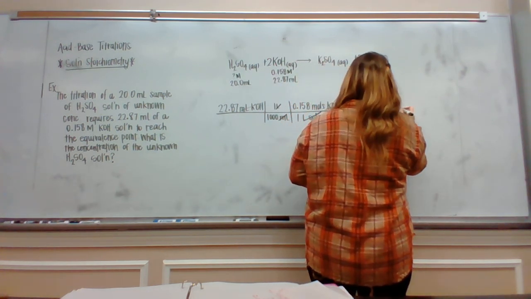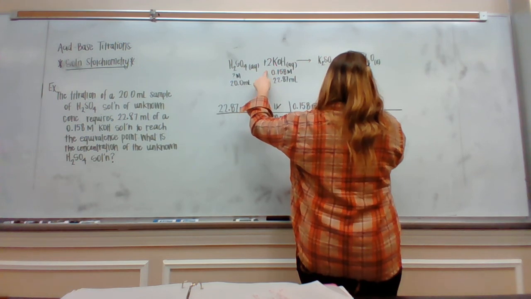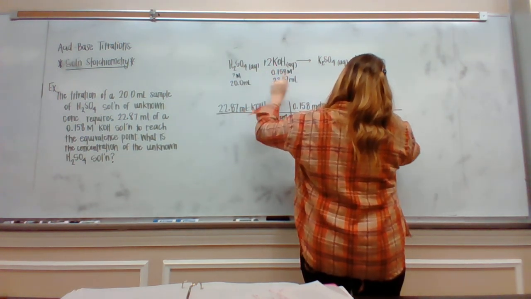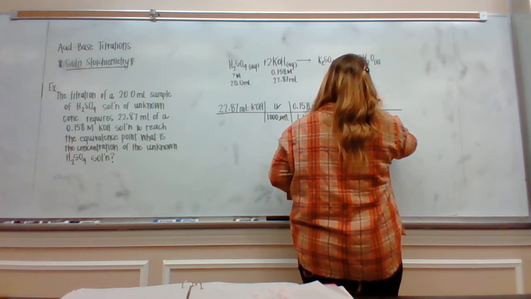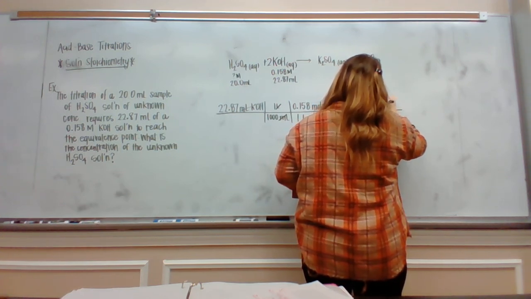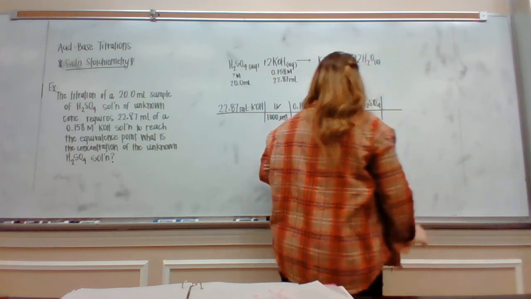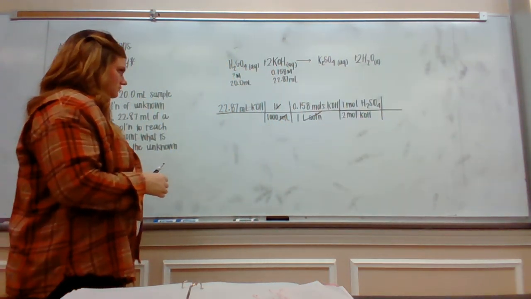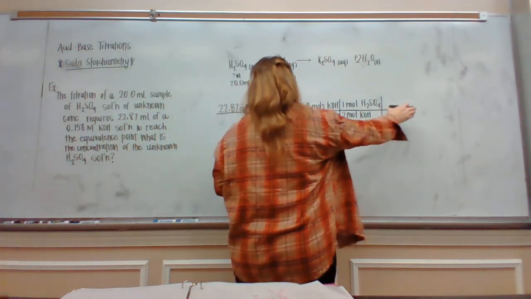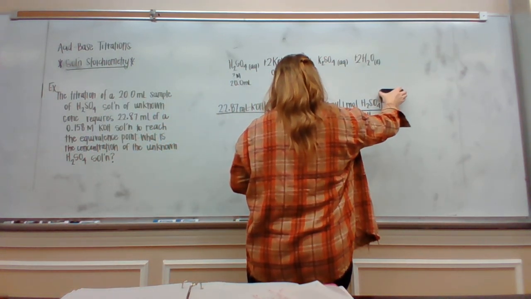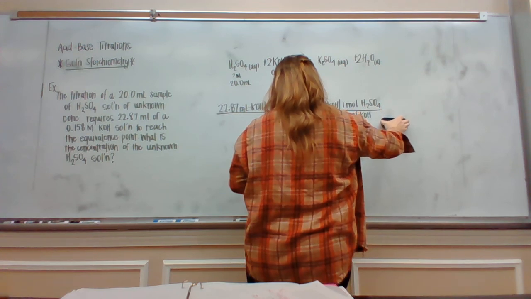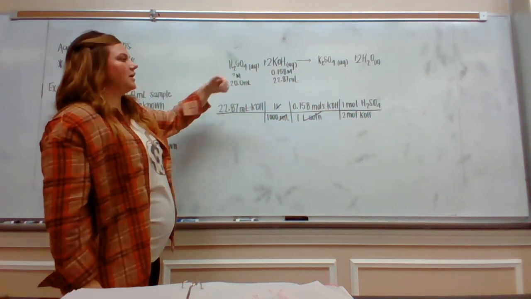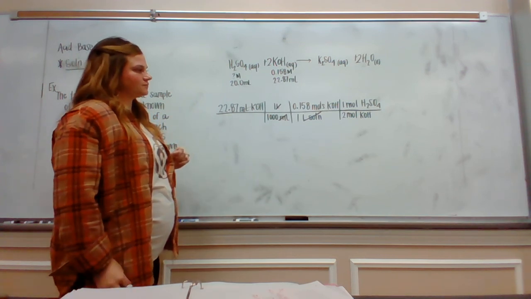Now I can use the mole to mole ratio. For every 2 moles of KOH, I need 1 mole of H2SO4. So if I can stop there and solve for moles of H2SO4, I can take that in this volume and find its molarity.